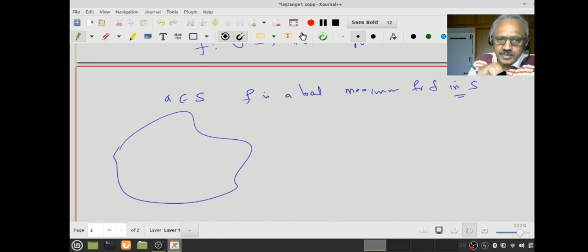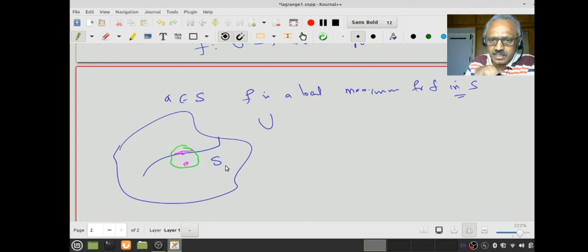This may be my U, and this may be my S, and this may be my a. When I say it's local, what I need is to start with an open set containing a and intersect with S. This is an open neighborhood of a in S in the subspace topology.